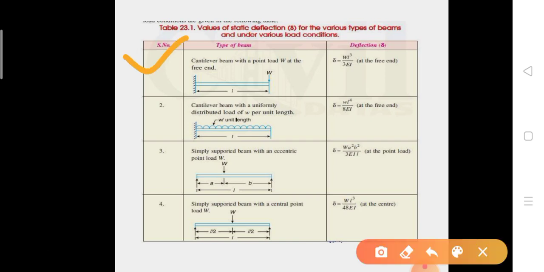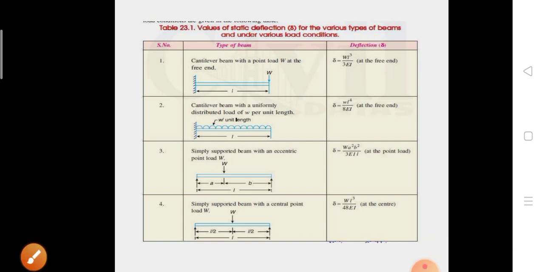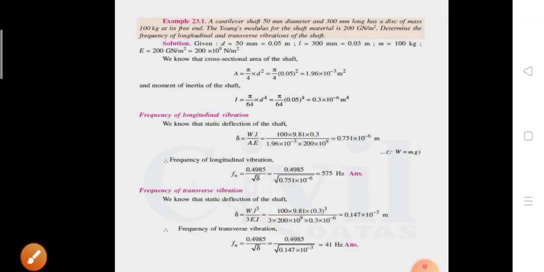This is the first case, a cantilever beam with a point load W at the free end, meaning one end is fixed and the load W is attached to the second end. What will be the deflection here? Deflection is equal to WL cube upon 3EI. So we find delta is equal to WL cube upon 3EI, using the cantilever beam equation with one end fixed and a point load at the other end.